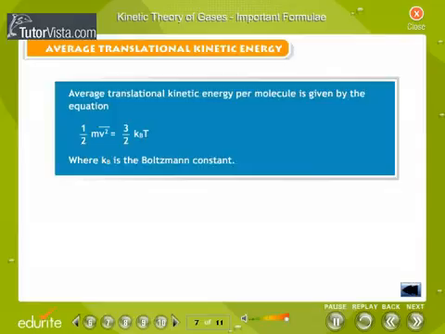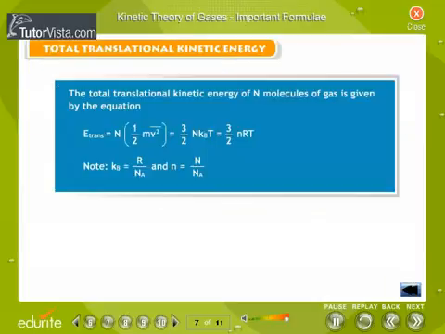Average translational kinetic energy. Average translational kinetic energy per molecule is given by the equation, where kB is the Boltzmann constant. Total translational kinetic energy.